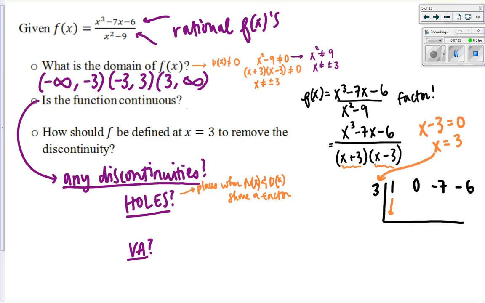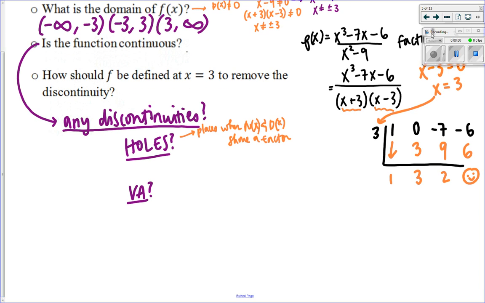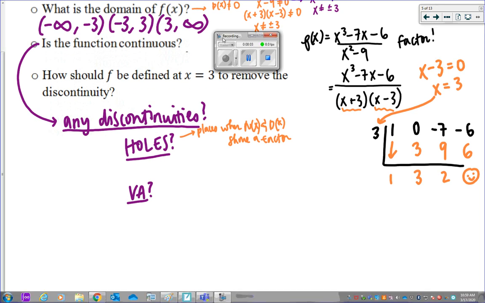Try this. I pulled down the 1. 1 times 3 is 3. 0 plus 3 is 3. 3 times 3 is 9. Negative 7 plus 9 is a positive 2. Positive 2 times 3 is 6. And I get 0. What does this actually mean? Well, it means that I've factored my numerator to some extent.